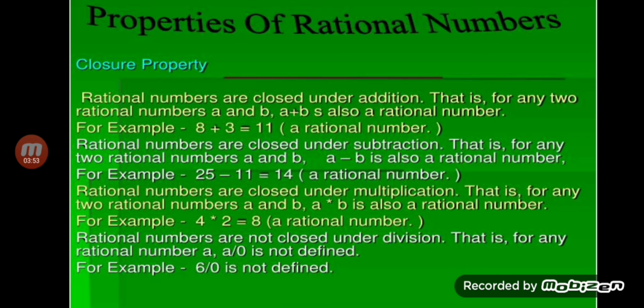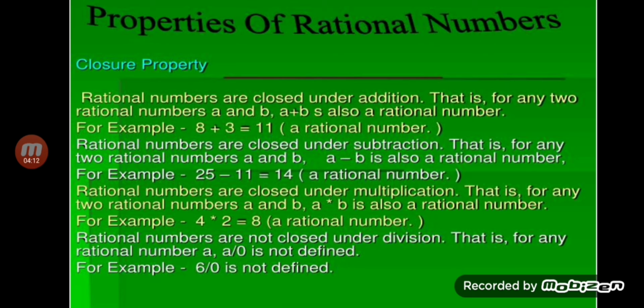It is also closed under multiplication. That is, for any two rational numbers a and b, a into b is equal to c, which is a rational number. For example, 4 into 2 is equal to 8, which is also a rational number.